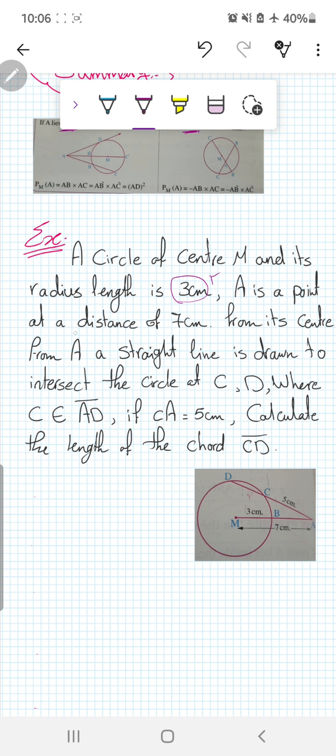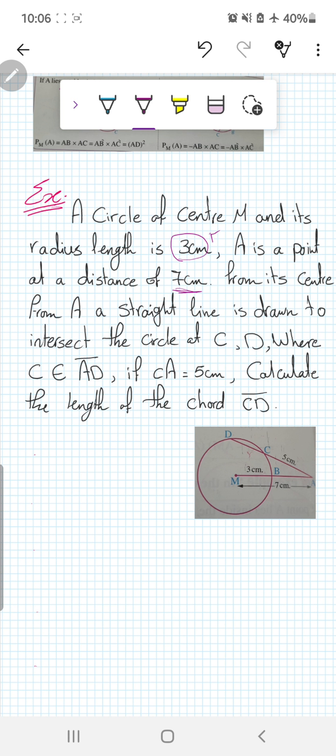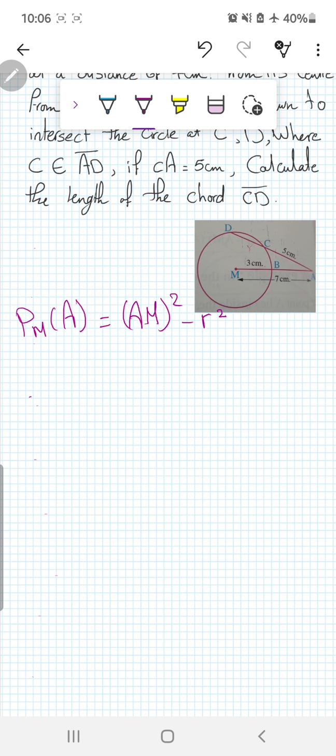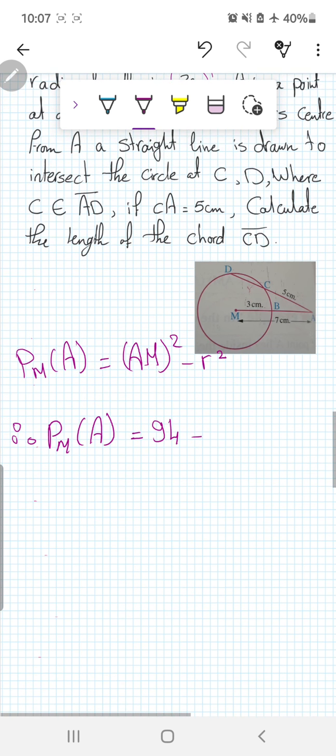A is a point at a distance of 7 centimeters from its center, so here AM is 7 centimeters. Substituting in the rule, the power of point A equals AM squared minus R squared. So we have 7 squared, which is 49, minus 3 squared, which is 9. The result will be 40.